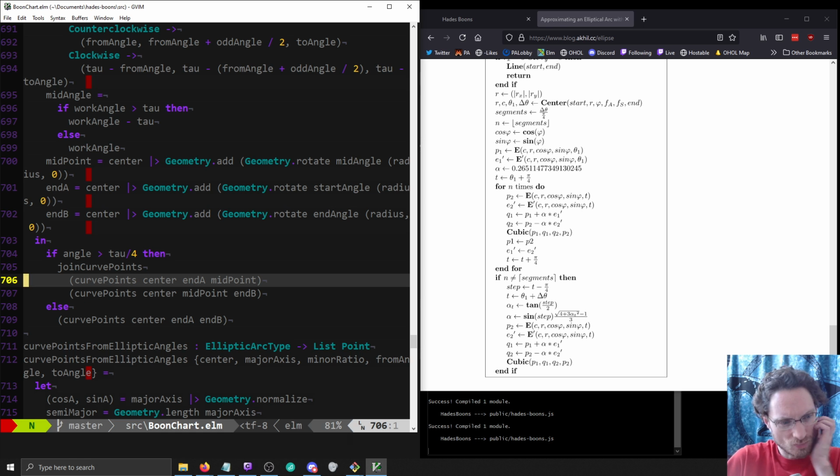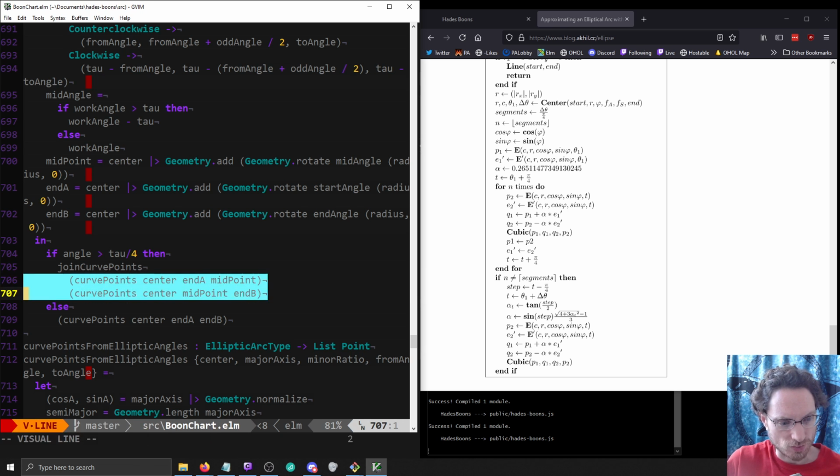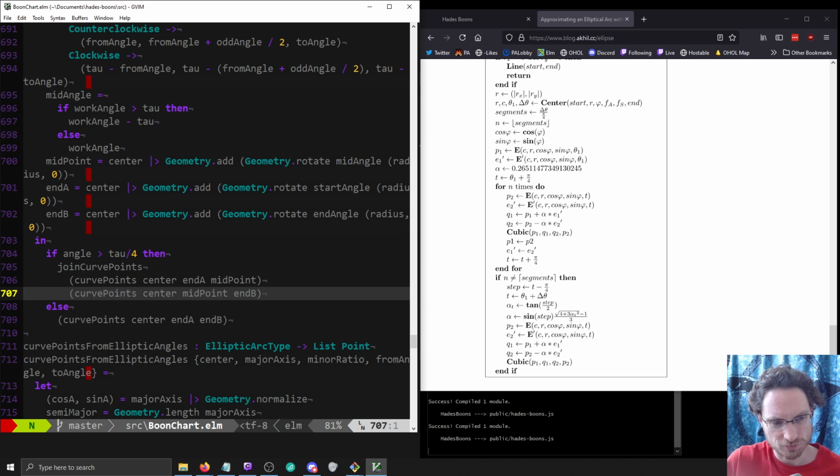Which, do we want to be able to extract that? Okay, this is where we might want to extract it when we're doing the two sections.